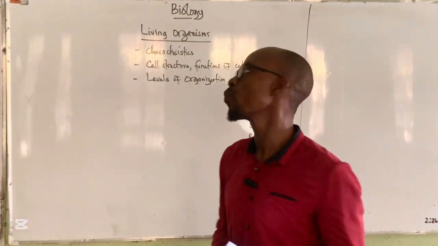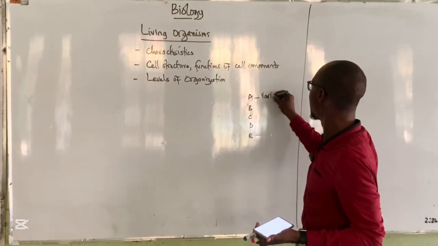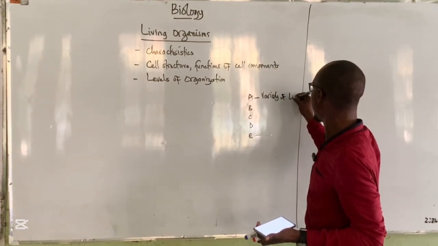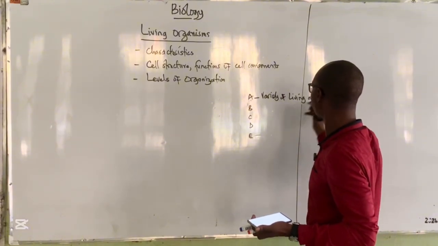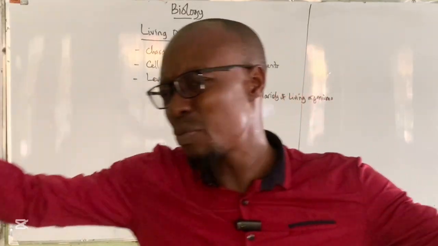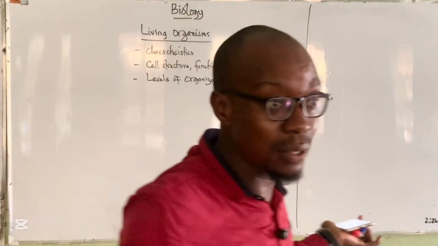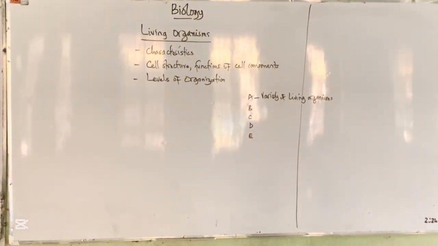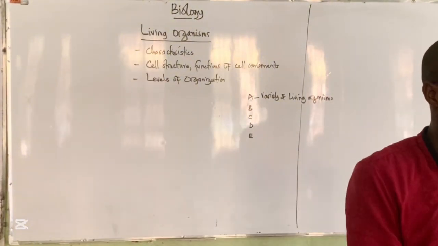And E. A is variety of living organisms. That is the different types of living organisms we could have. It could be plants, it could be animals, it could be microorganisms. Do you understand? So the different forms, you have them.